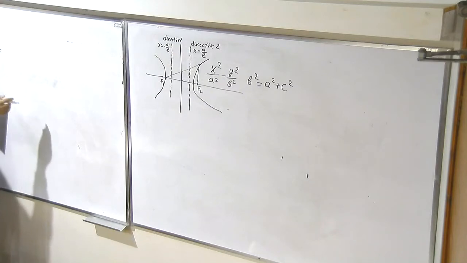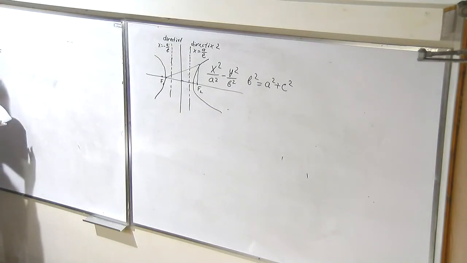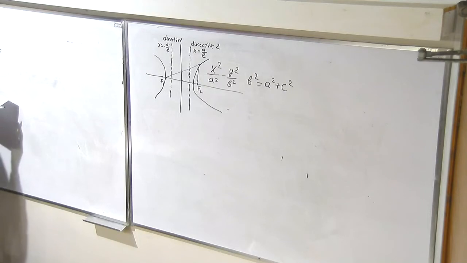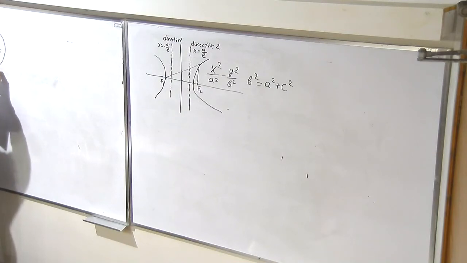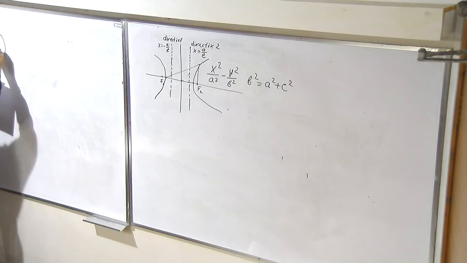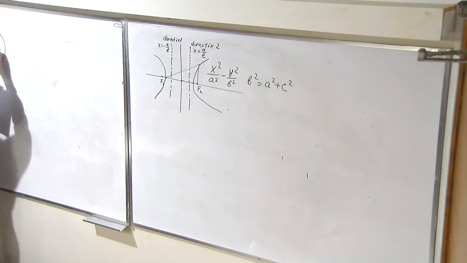This is the focus F. It doesn't matter what type of curve: it is a parabola, ellipse, or hyperbola. In this case we have the following curves, like this. The origin I will take here. This is F, and this will be r.